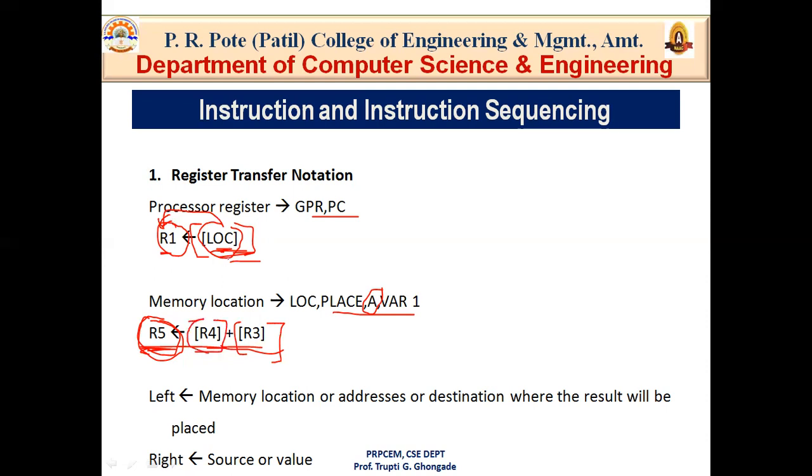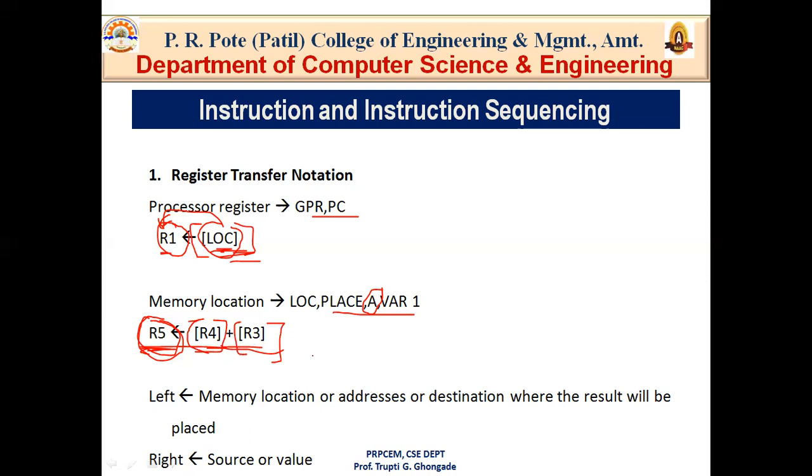Like LOC is enclosed within square brackets, and R4 and R3 are both enclosed within square brackets. So this is all about register transfer notation. Remember that the left side is your destination, the right side is your source, and when we transfer contents from the source, we enclose it within square brackets.